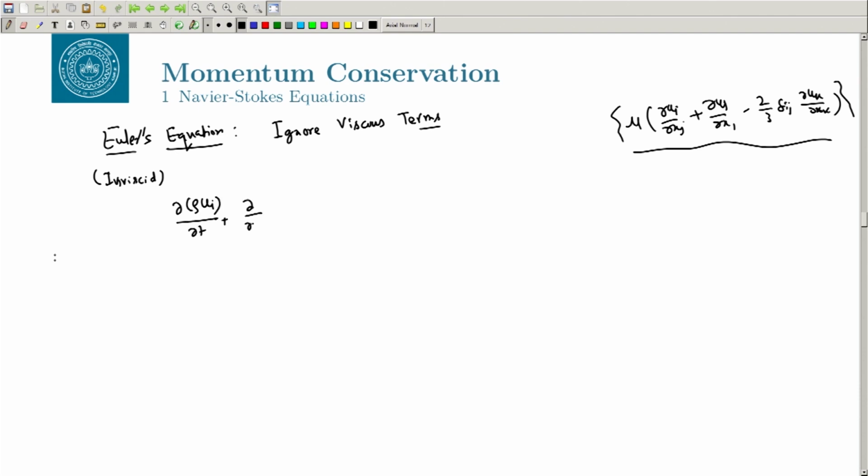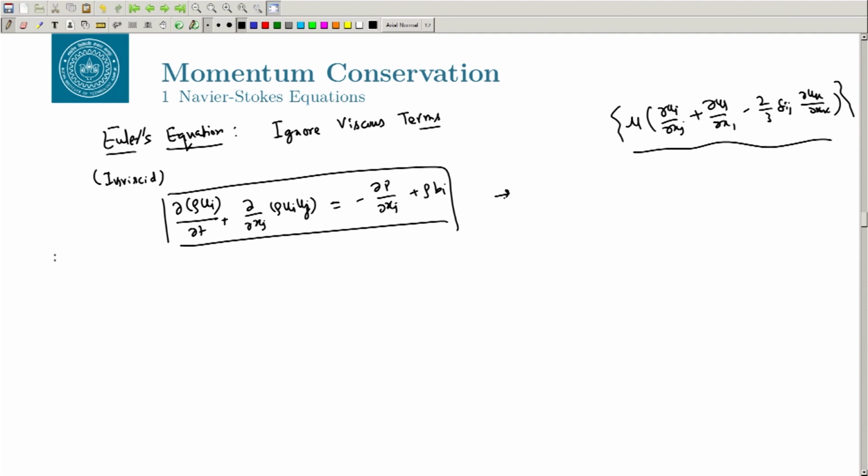Okay, this is basically del by del xj of rho ui uj is equal to, if you have some body force you can use the body force, okay, or it is just minus del p by del xi, or use the body force here, right. So, this is your Euler equation. So, the entire term that we had, del tau ij by del xj, goes to 0, because this stress is due to the presence of the viscosity, okay, presence of the molecular viscosity.